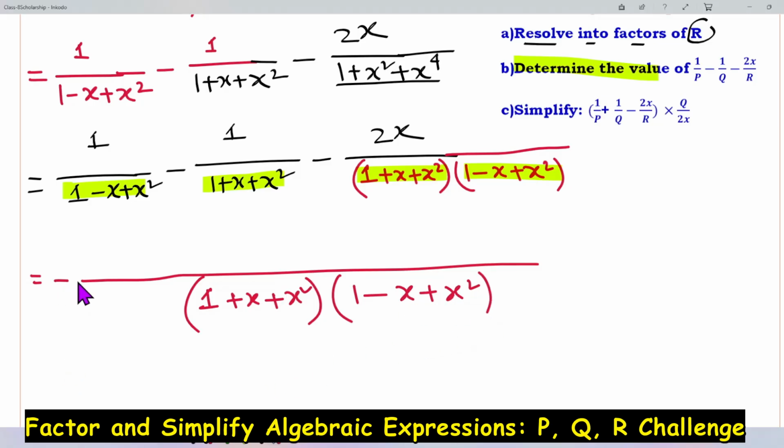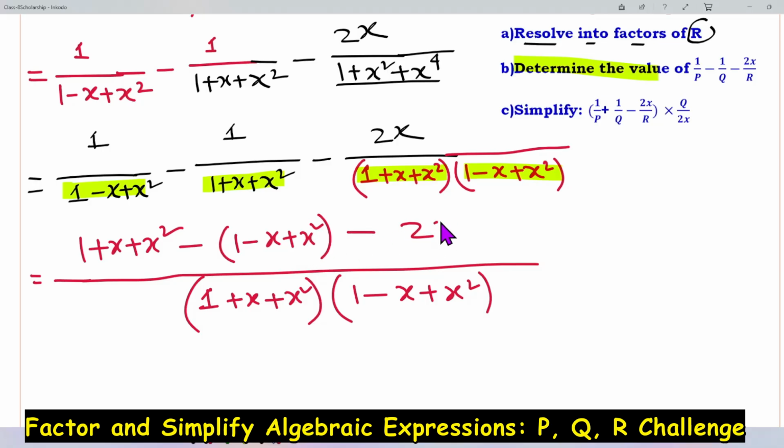So here we will write, here is 1 minus x plus x square, once we divide with 1 plus x square and 1 minus x plus x square, we will get here 1 plus x plus x square.